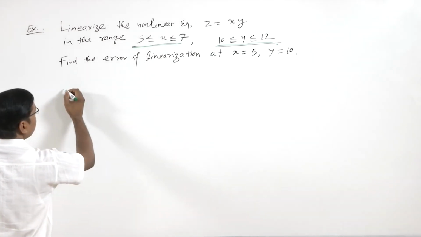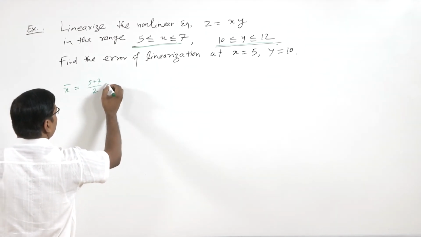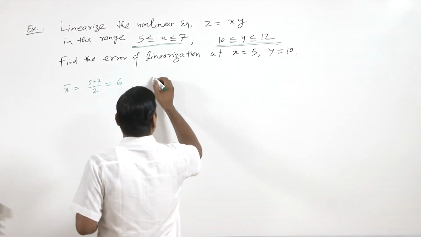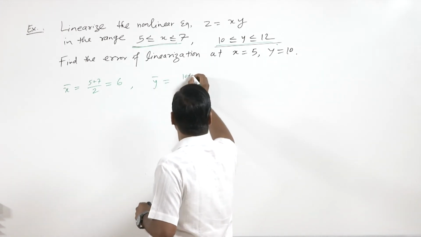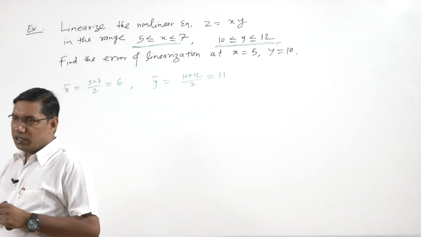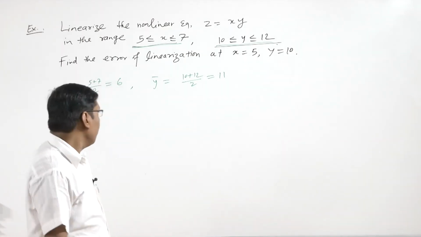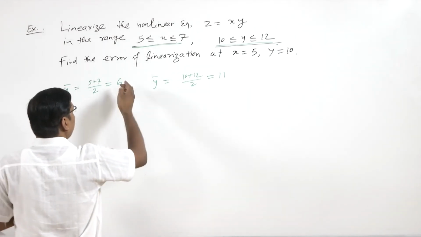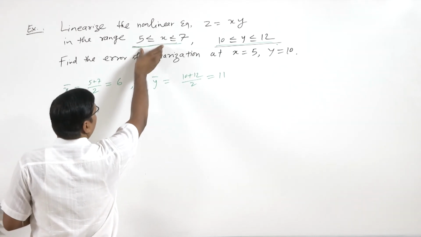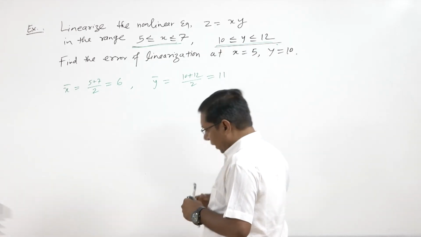So, here x equal to x bar equal to (5 plus 7) by 2, that is 6, and y equal to (10 plus 12) by 2, that is 11. So, this is the equilibrium point, because about 6 is the equilibrium point and we are going to range from 5 to 7, and here 11 is the equilibrium point and we have this range 10 to 12.